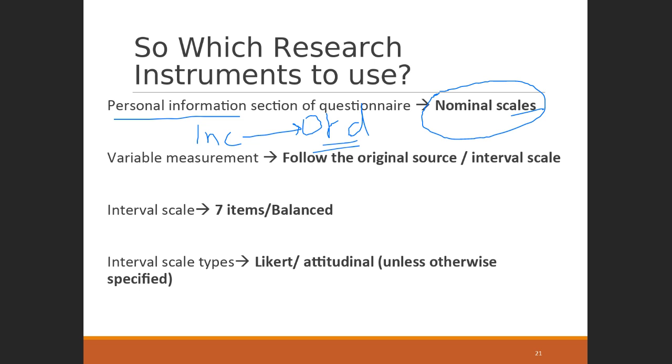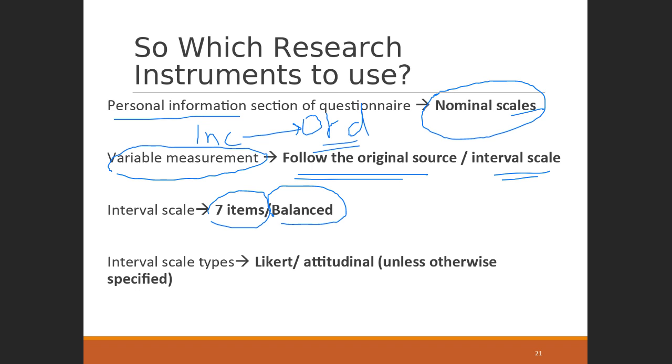When you want to measure your variable, follow the original source, like we mentioned in the first section, on how you can adopt the scale. Well, mostly in business research, interval scales are used. If you are using an interval scale, use a balanced interval scale.